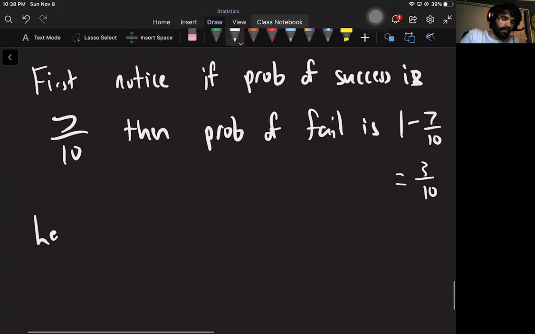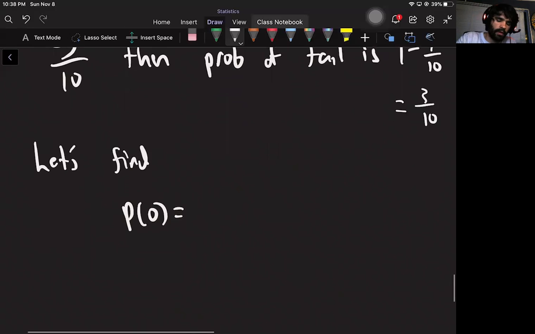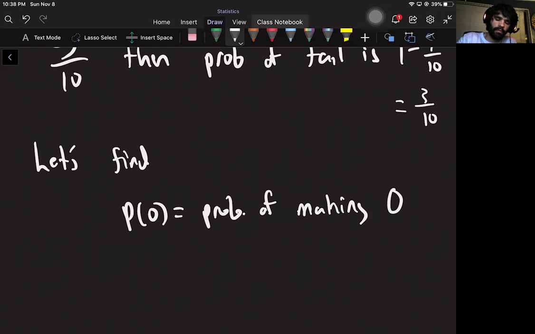So now let's start by finding this thing, which was the first one on the list. But just to write it in words, it's the probability of making 0 shots from 4 tries.